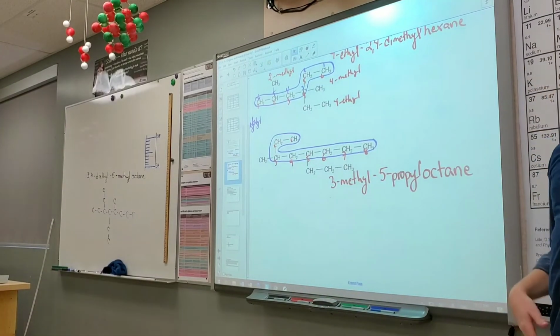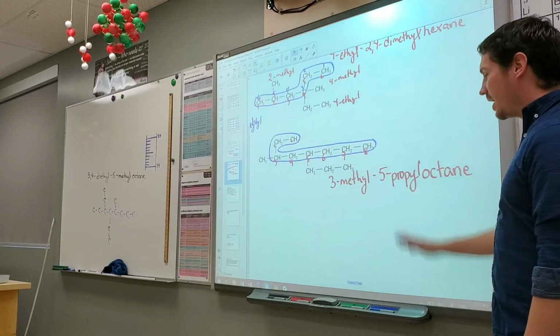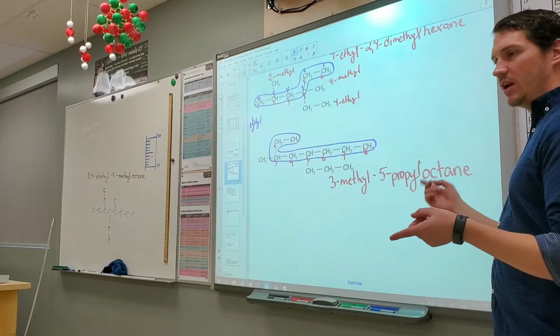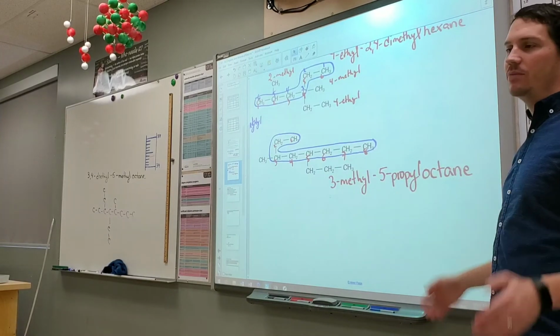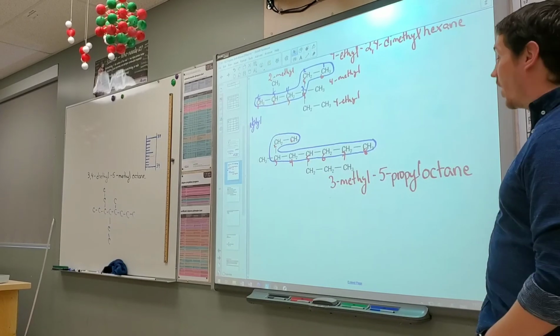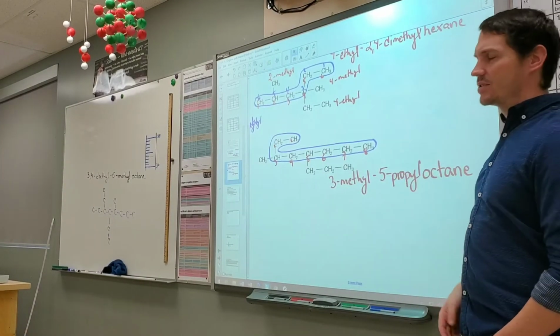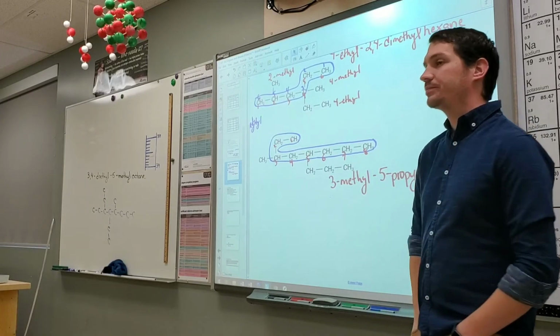Why are there dashes in between? Every time you go from a letter to a number or a number to a letter, you have to do a dash. There are commas in between numbers and numbers, but there's no numbers and numbers, so we don't need any commas.